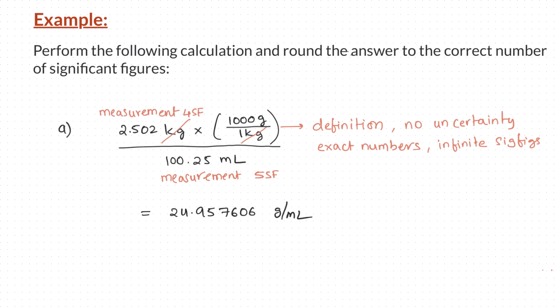We only have 2 measurements, and the one in the numerator has the fewest significant figures, which is equal to 4. So, we round off the final answer to 4 significant figures. The first digit we remove is 7, which is greater than 5. So we round up to 24.96 grams per milliliter.